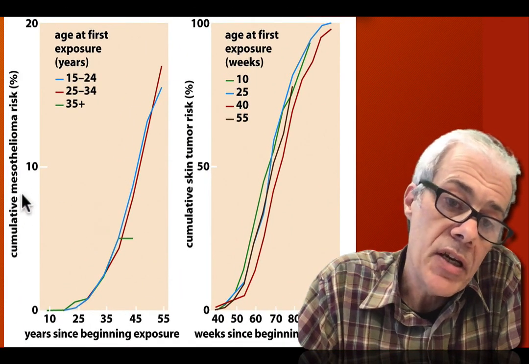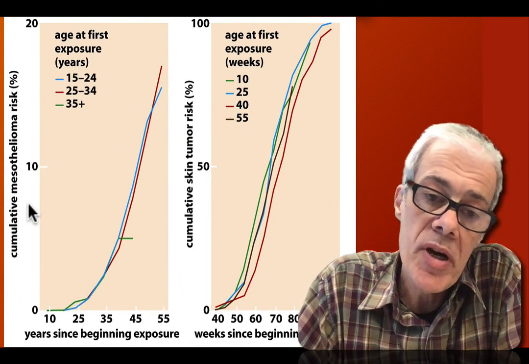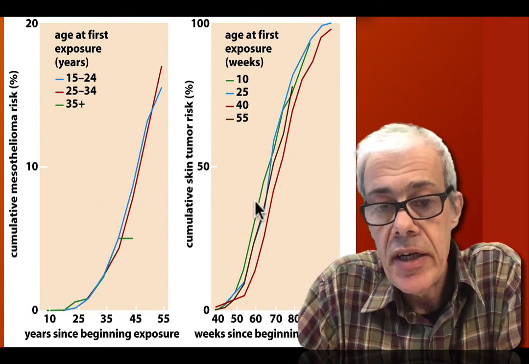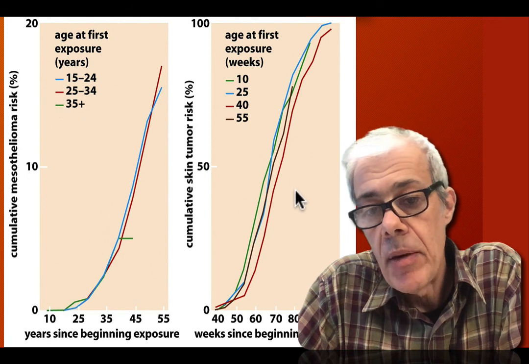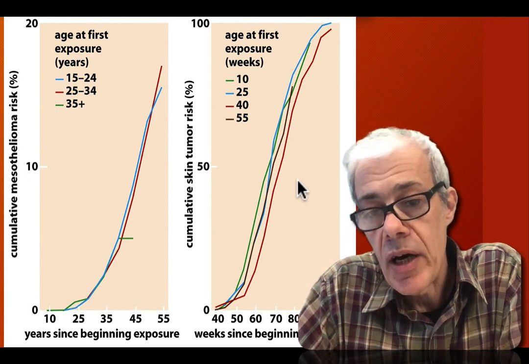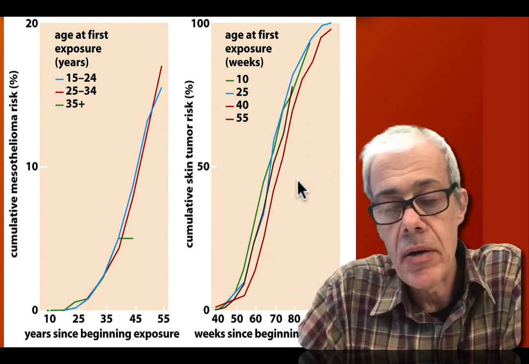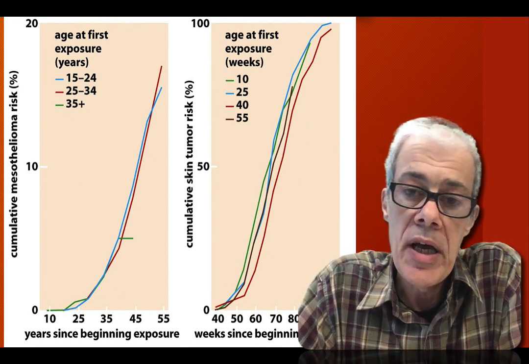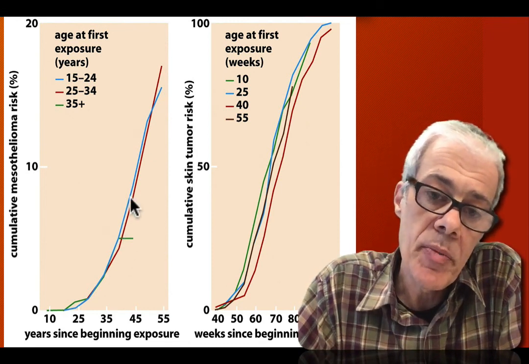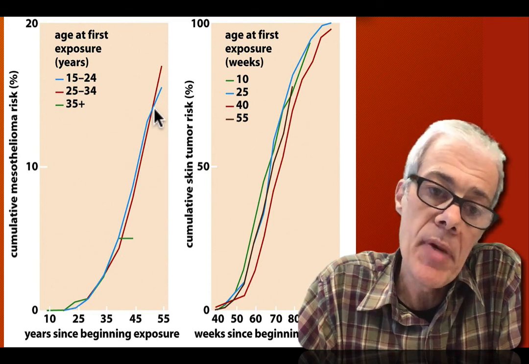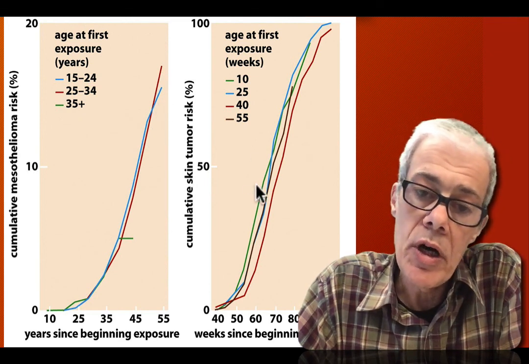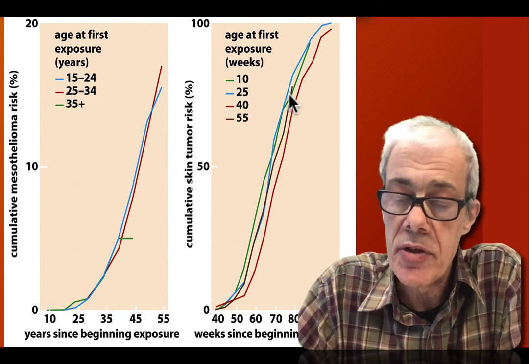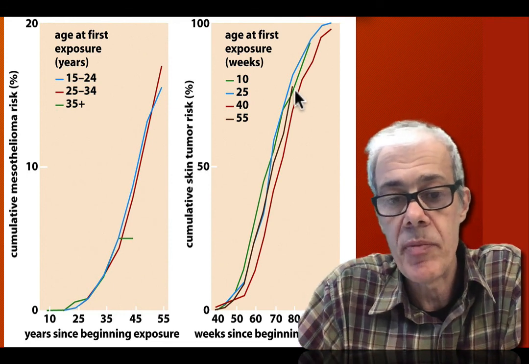So on the left here, we've got mesothelioma in response to asbestos exposure. And on the right here, we're looking at mice that are exposed to a carcinogen over repeated exposures. And what we're looking at here is the accumulation of either mesothelioma or accumulation of skin tumors due to the exposure of the mice.